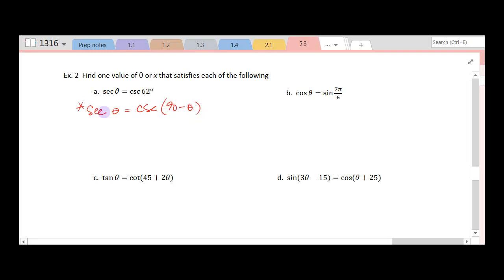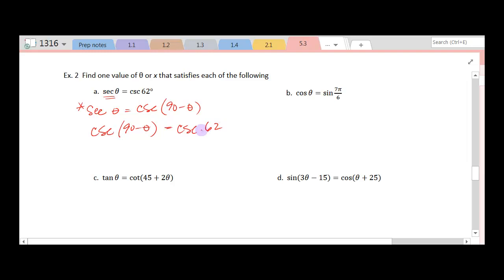I chose this form because what I'm really wanting to do is rewrite the left-hand side in terms of the same trig function as the right-hand side, cosecant. So we're going to replace secant theta with cosecant of 90 minus theta, which is equal to the cosecant of 62.